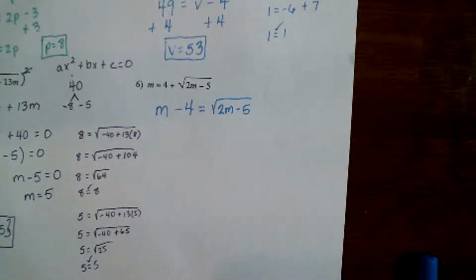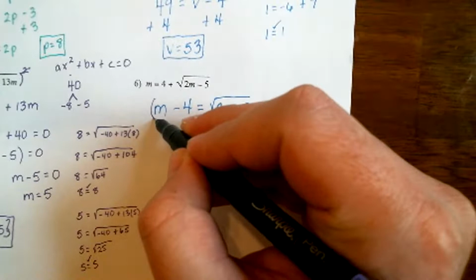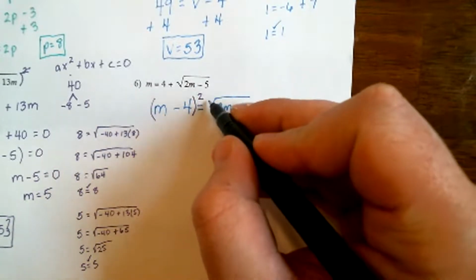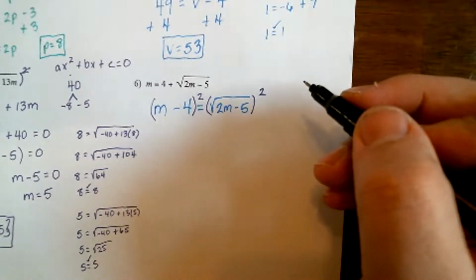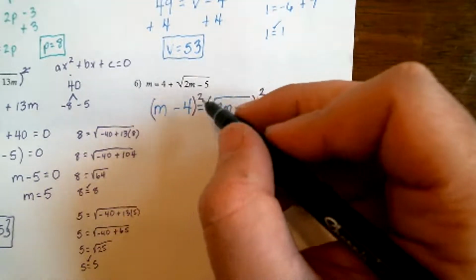Okay. So then from there, in order for us to get that square root off, we are going to have to square both sides. Square this, square that. What am I going to have to use on the left side?